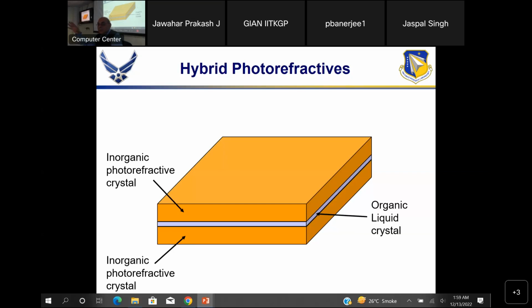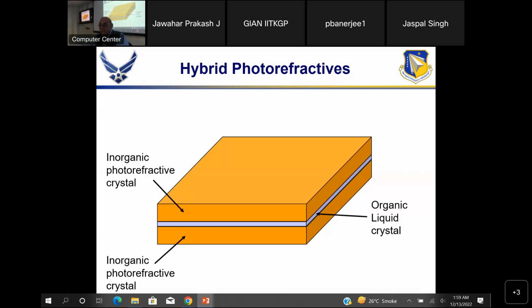But in a liquid crystal, how much voltage do you apply across it? Any idea? Hundreds of volts, millions of volts, millivolts? I'm sorry, a few volts, right? Like 1 volt, 2 volts, 5 volts. Otherwise, those liquid crystal watches are not going to work.